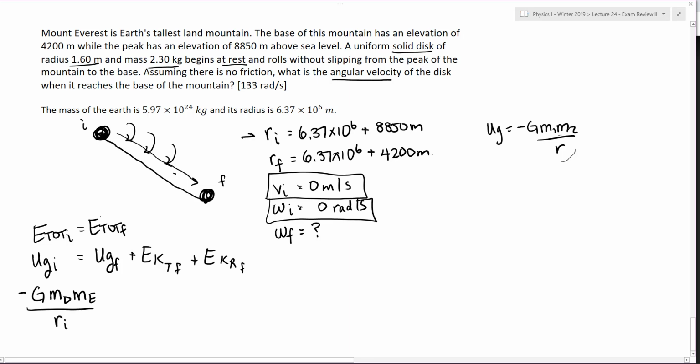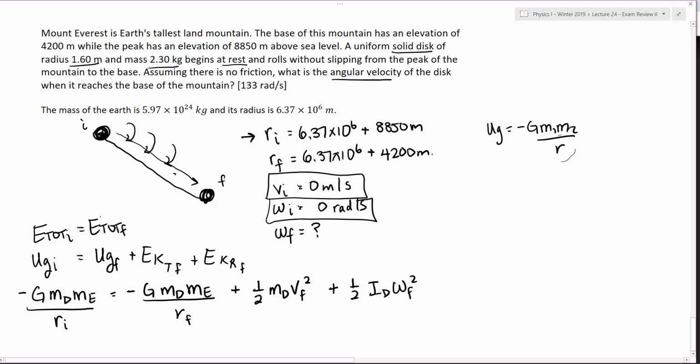Initial, and we said our initial over here is equal to negative G mass of the disk, mass of the Earth, over r final, plus kinetic energy translational, which is 1/2 mass of the disk (it's the disk that's the one moving) times v final squared, plus kinetic energy rotational, so 1/2 I of the disk, omega final squared.